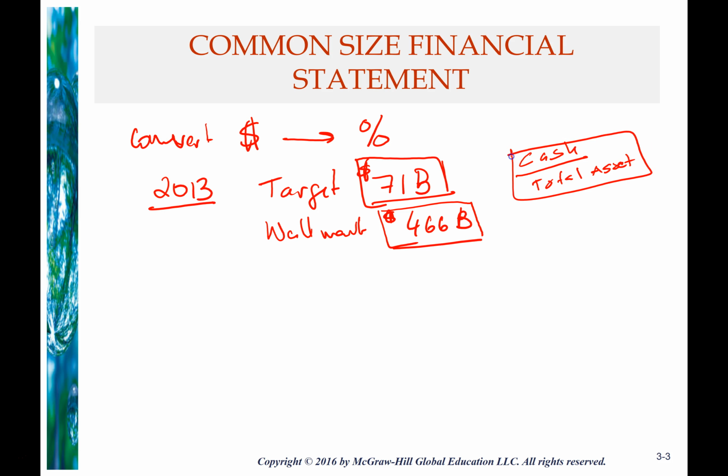Now, if you're looking at items on your income statement, let's say you want to look at your cost of goods sold and see exactly how you want to compare Walmart to Target, you will do cost of goods sold over your total revenues. Okay, and that will be your common size financial analysis for both companies.